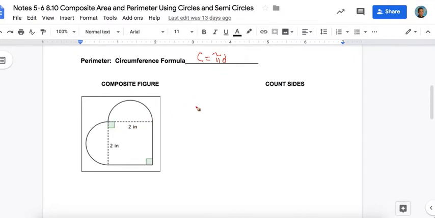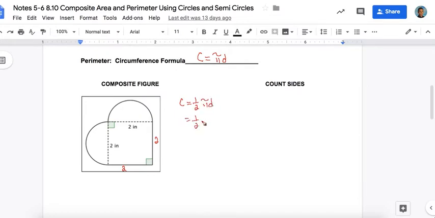So let's look here. We need to count the sides, and we're going to say this is going to be 1, 2, 3, 4. Okay, and since this is a square, I know that this is 2 and that this is also 2. Now we're going to use the circumference formula, but it's a semicircle, so I have to do C equals 1/2 pi times d.